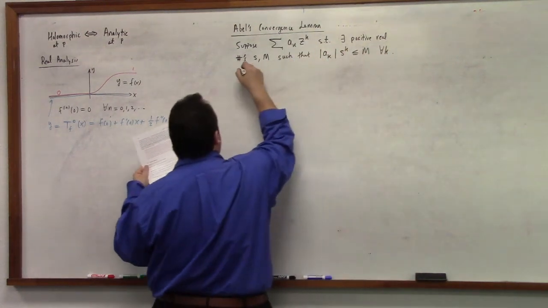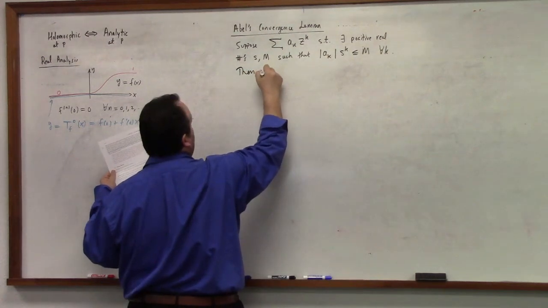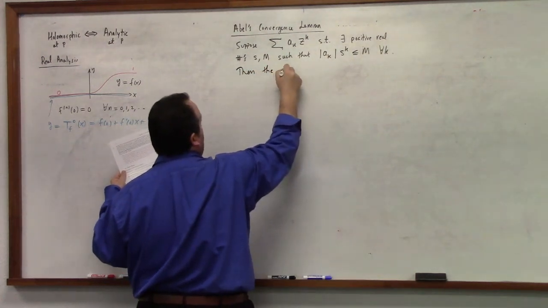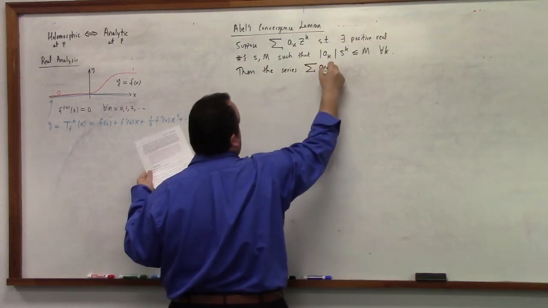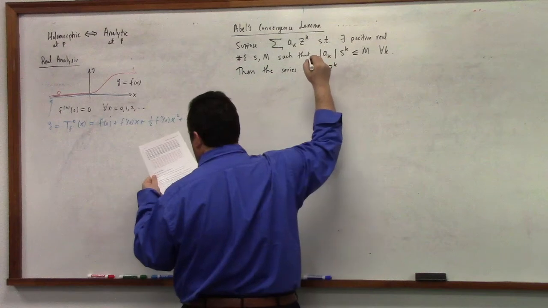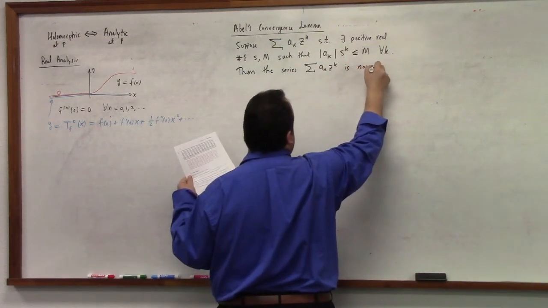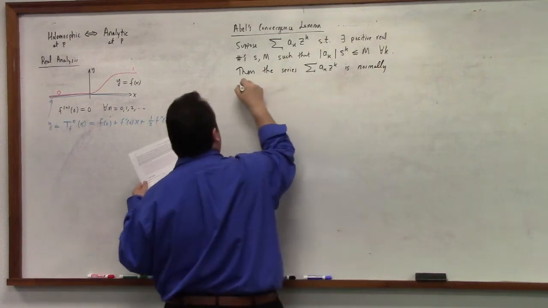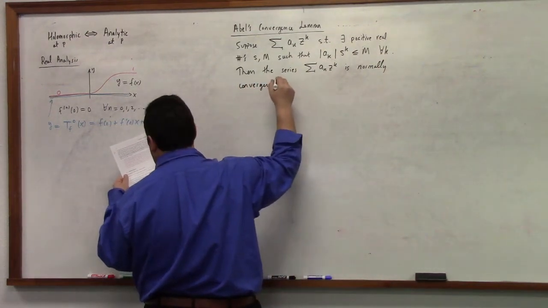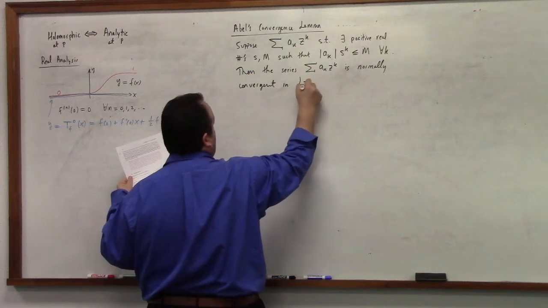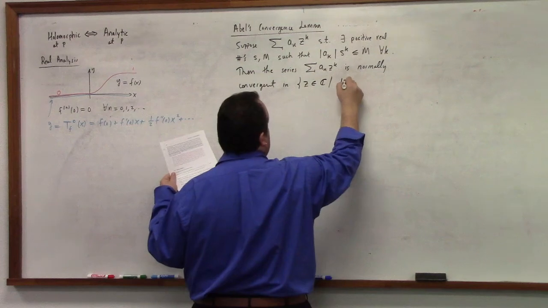Then this power series is normally convergent in z in the complexes such that the modulus of z is less than s.